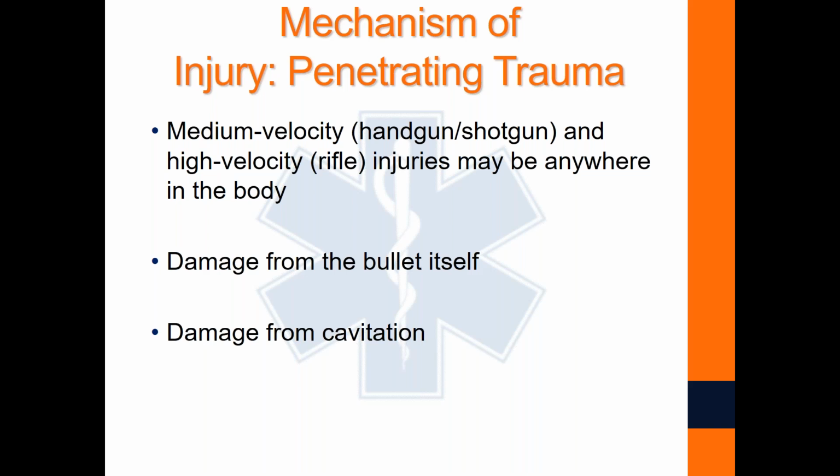When you see a bullet in slow motion go through that ballistic gelatin, you actually see the path that the bullet's traveling, and then you see this big expanse of cavity around it as it's passing through that material. That's cavitation. Cavitation comes from more high-powered, high-velocity type weapons.